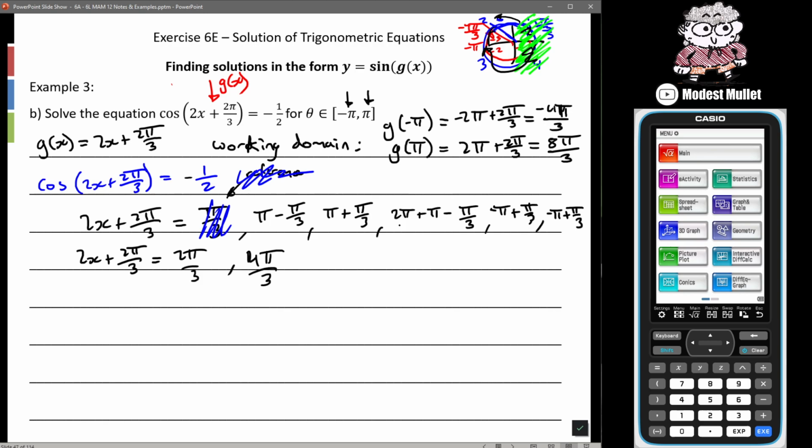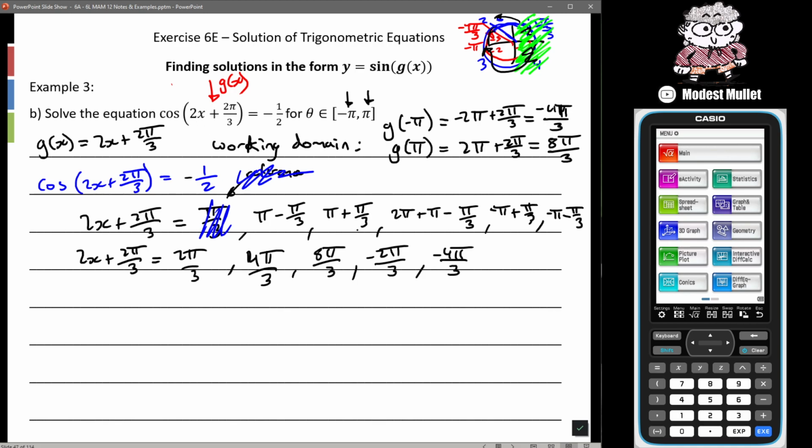But 2 pi plus pi is 3 pi, take one is 8 pi on 3. Negative pi plus pi on 3, that's negative 2 pi on 3. And then we also get, supposed to be a minus there, negative pi, take another pi on 3 is negative 4 pi on 3.